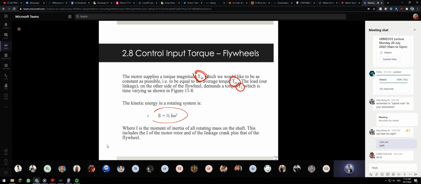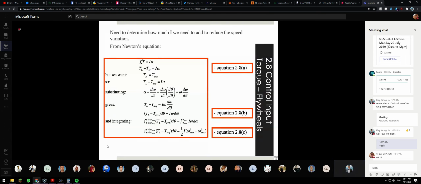Kinetic energy can be calculated as half I omega square. Now we use Newton's second law, summation of torque equals I alpha. We have the torque from the motor and the torque from the linkage, so TL minus Tm equals I alpha, where I is the inertia of the system. But we try to make the torque of the motor as close as the average torque, so we can replace Tm with T average.